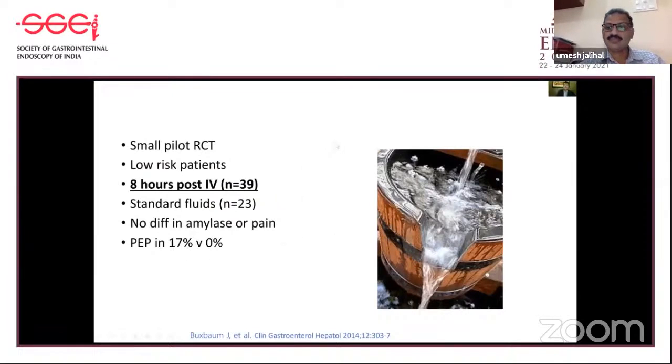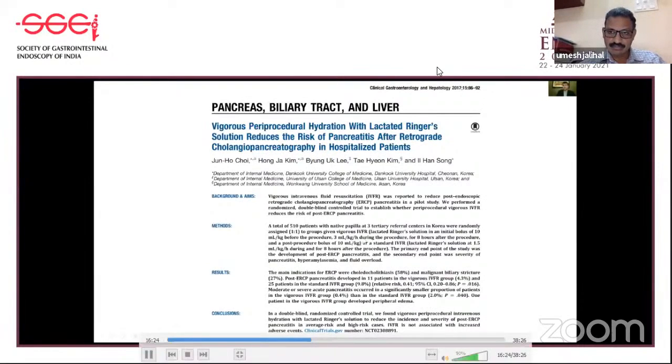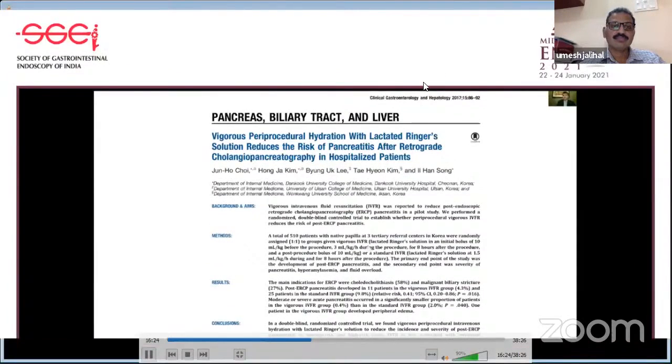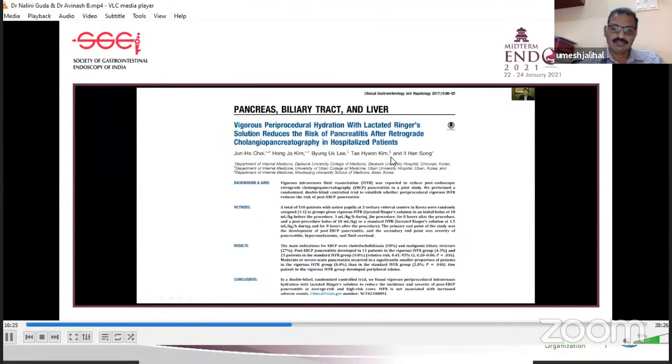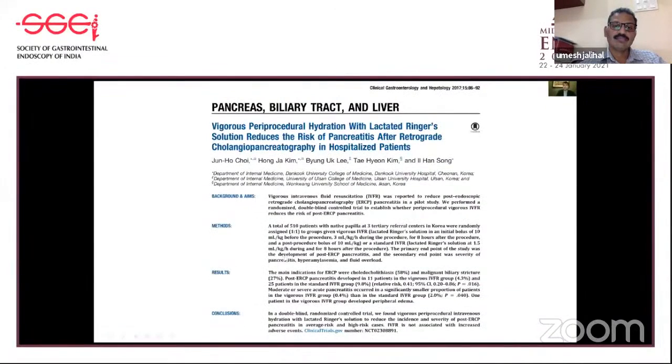So multiple studies were performed, again, in this double-blind randomized controlled study, where you give 3 ml per kilogram per hour for 8 hours with a 10 ml bolus, compared to 1.5 milliliters per kilogram, the aggressive IV hydration group had a significantly lower risk of post-ERCP pancreatitis.